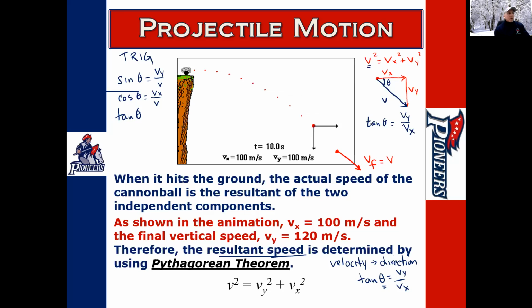And then when you have tangent theta, which I hope you know how to do, to get theta, it's like if you have vx squared plus vy squared, to bring it to the other side, you do the opposite. The opposite of adding is subtracting, the opposite of multiplying is dividing. Well, the opposite of tangent theta is the inverse tangent.